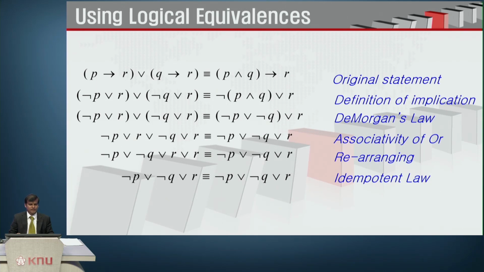Your left hand side is equal to right hand side. So in fact we have proved it. There are two ways to prove the equivalence of two given expressions. Either you can go for the truth table or you can use logical equivalence to express it.